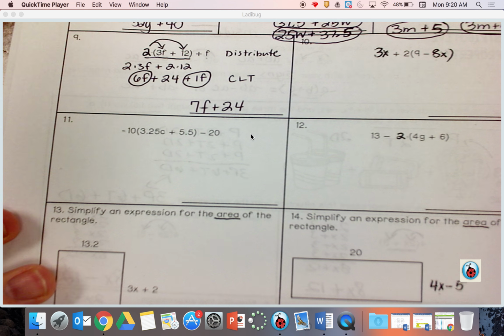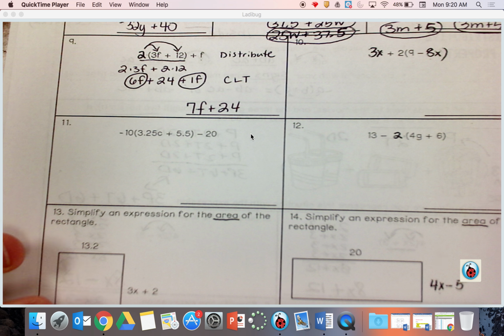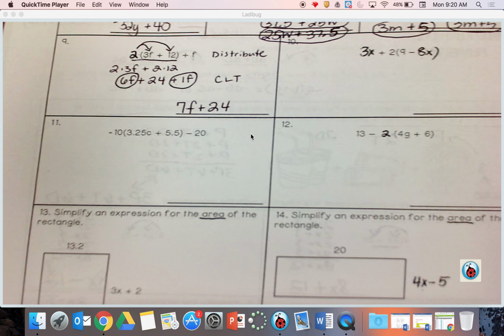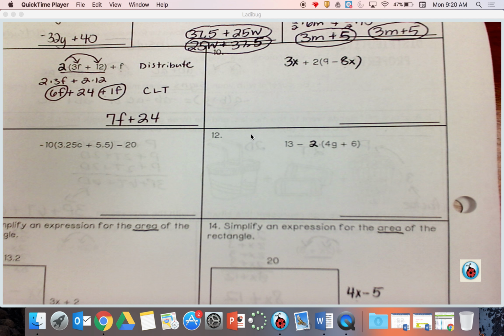And now I have cleaned up that expression: it is distributed, it is combined together, and everything is good to go. That is my simplified form. So you notice there that I do my distributive property first, then I combine like terms second.